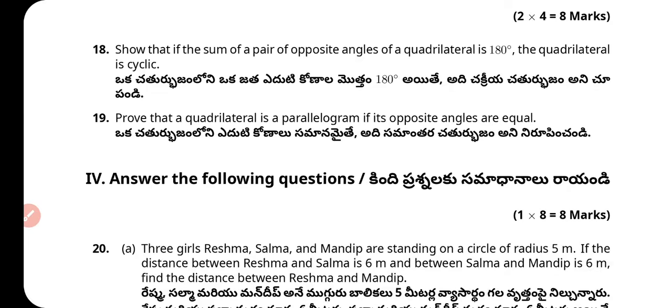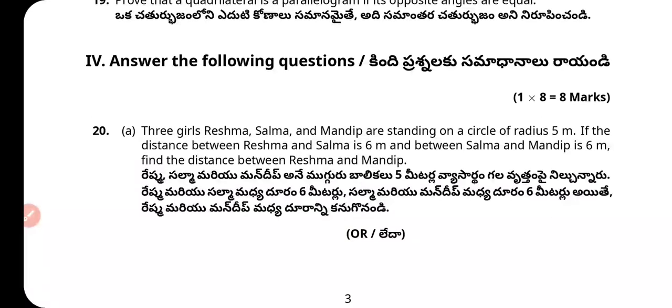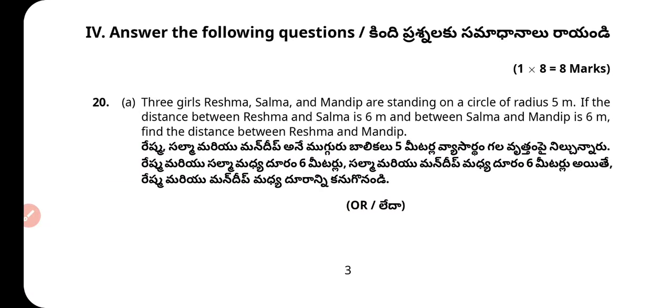Prove that a quadrilateral is a parallelogram if its opposite angles are equal. And Section 4 is of 8 marks, with a long step-by-step solution. The 8 marks are for a complete solution, distributed as step marks.